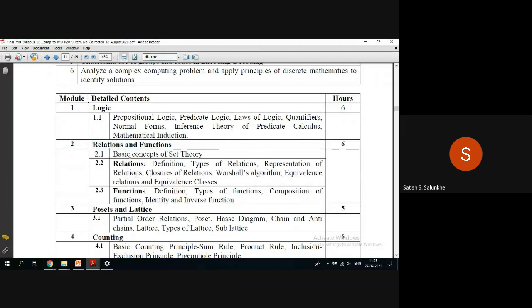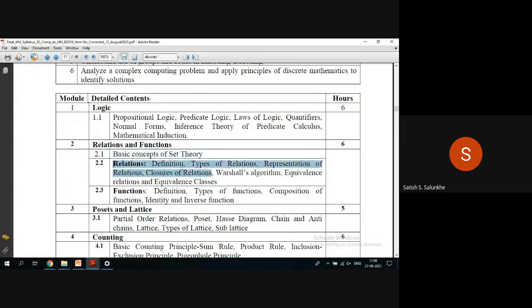As per module number 2, we already covered what is set theory, all the operations related to sets, various types of sets, and a specific version of set that is called relation.